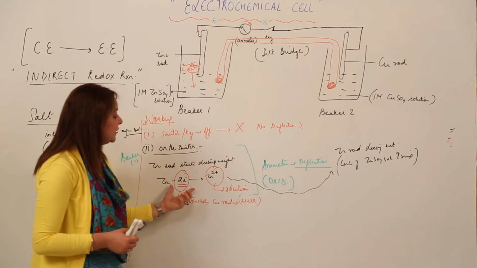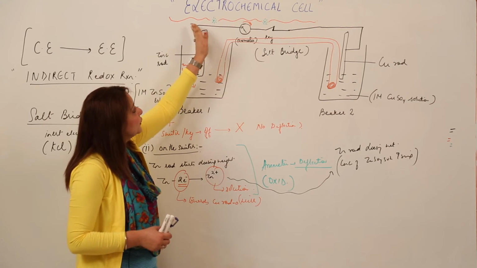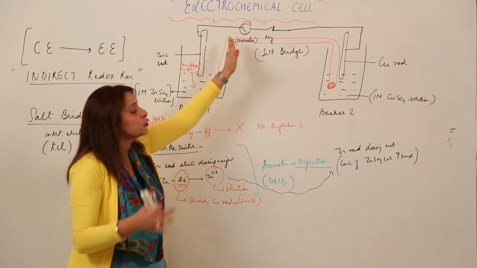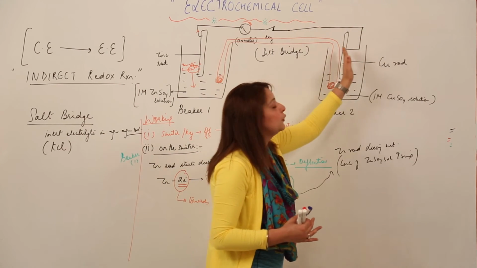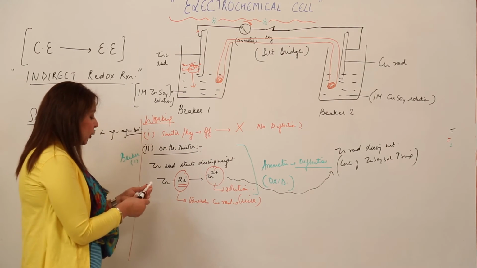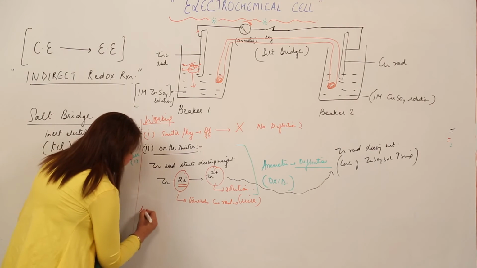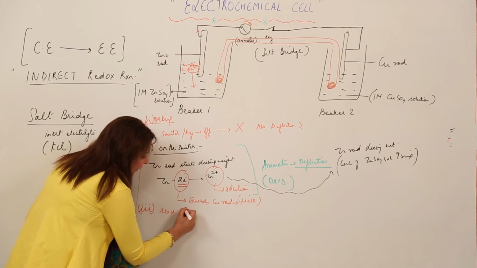And what is the fate of these electrons? They move by means of this wire, and when they move they show the deflection in the ammeter, and they just reach the copper rod. Now what happens when they reach the copper rod, or when they reach beaker 2?